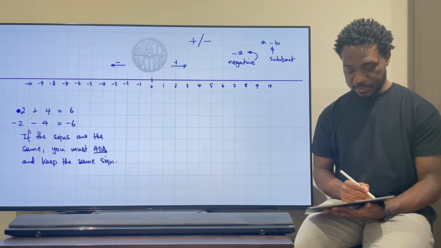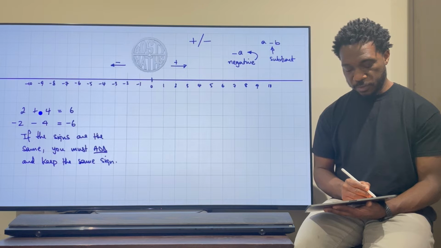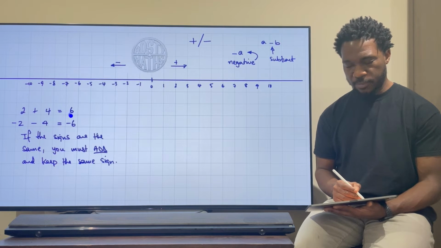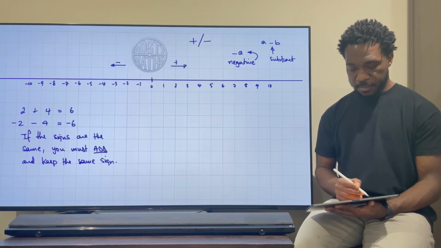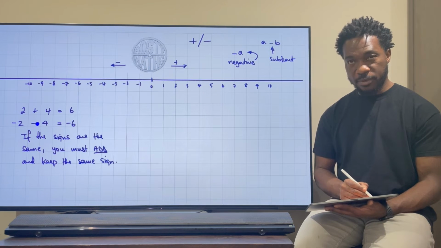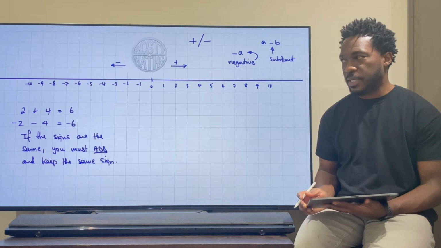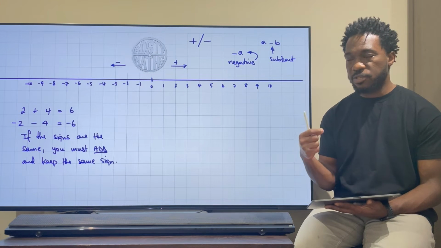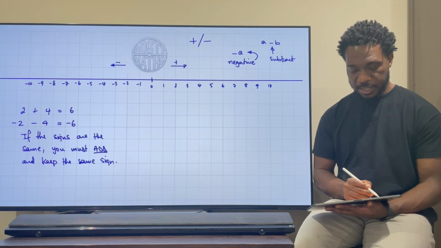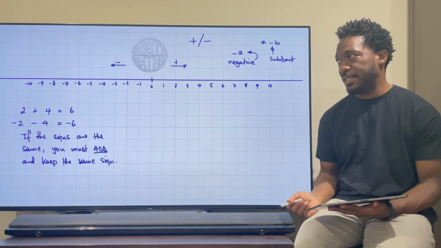So this is a positive 2. What happened was, it was a positive 2 and a 4, we added them together and we got a positive 6. But down here, we got a negative 2 take away 4, and so the answer was negative 6. So we can now say with mathematical proof that if it's positive and positive, the answer is positive. If it's negative and negative, the answer is negative, and you always add them.